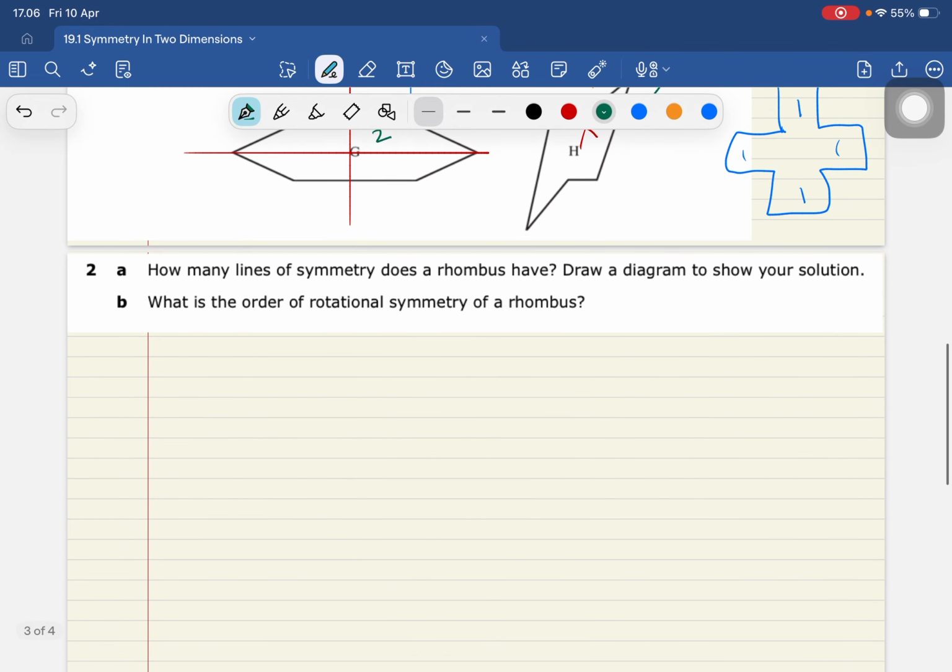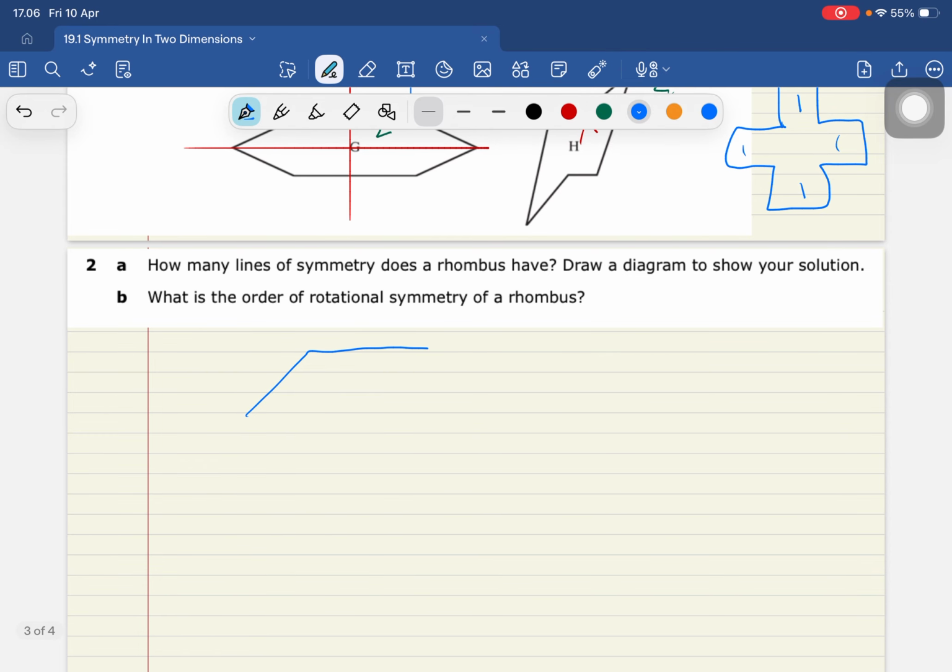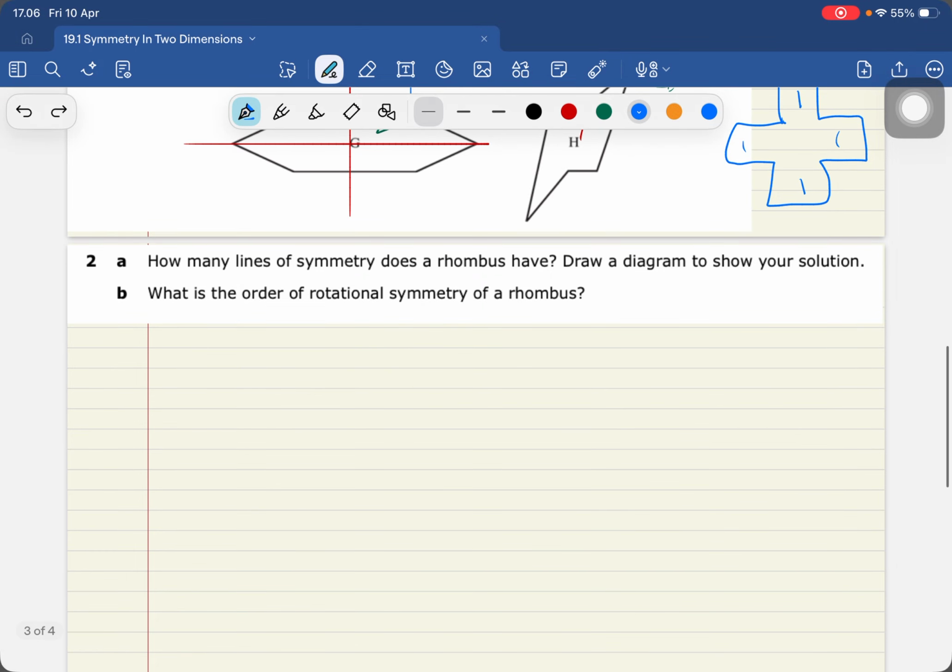Number 2. How many lines of symmetry does a rhombus have? Draw a diagram to show your solution. Here is the rhombus. That is not the rhombus. Here it is.